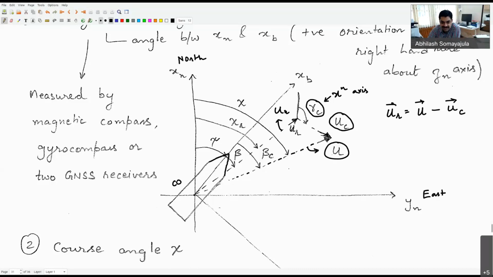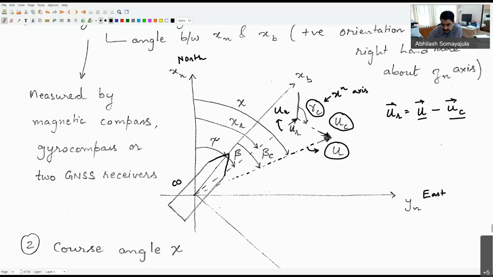Is that making sense? What that vector is? You have to be a little proactive in telling me because I'm looking at my screen, so I'm not looking at the WebEx meet. Sir, is it the resultant vector UR? Correct. So UR is the resultant vector of U and minus UC.